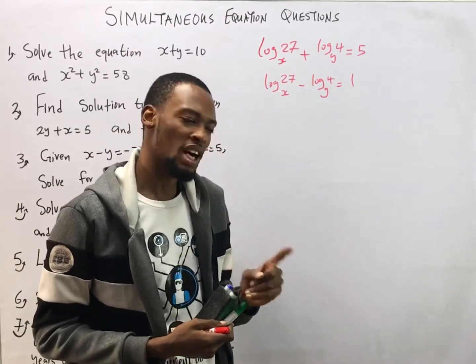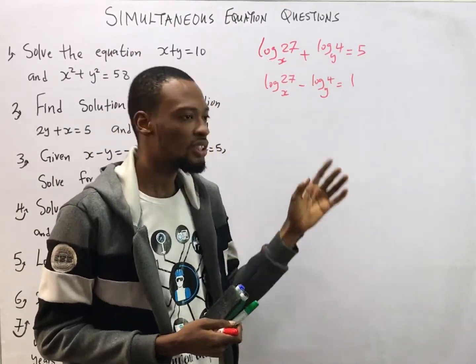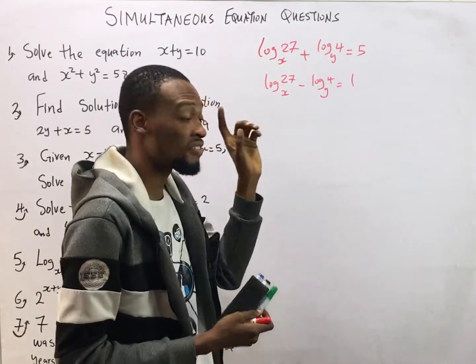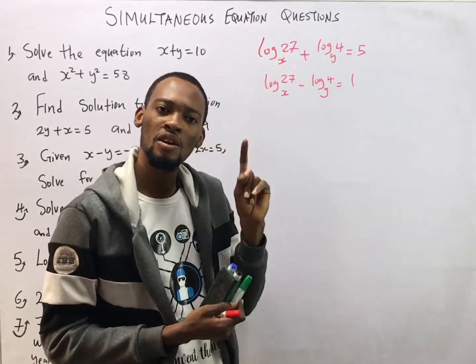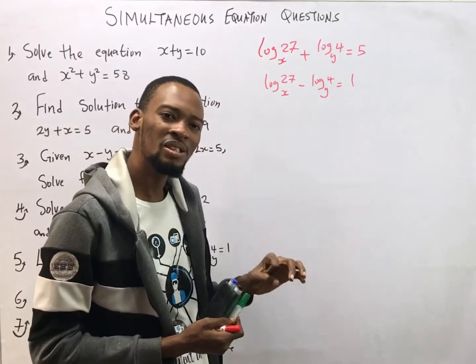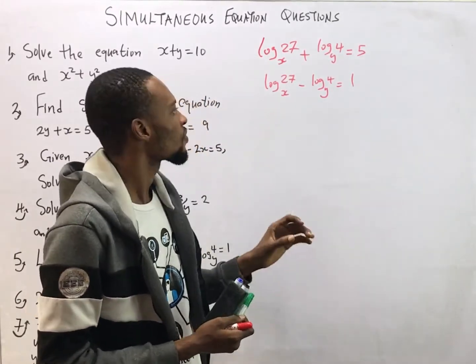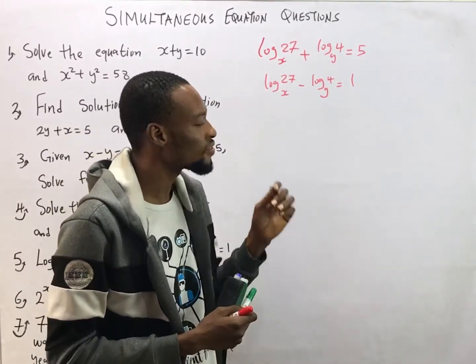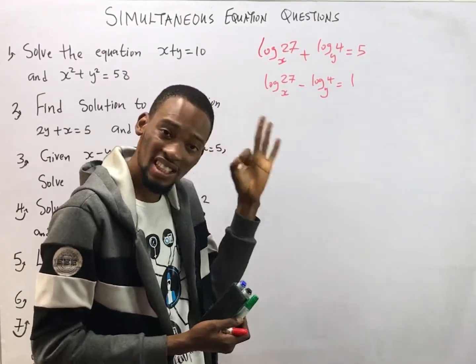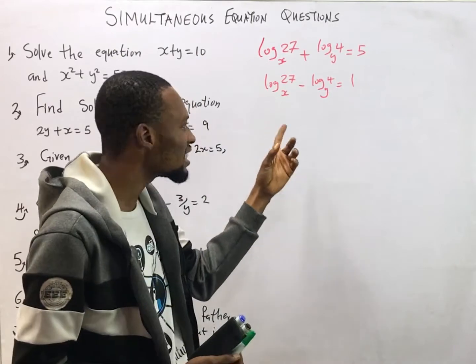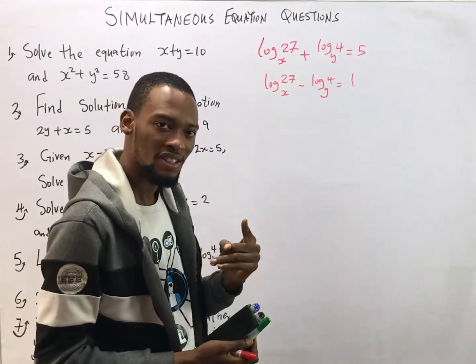I've covered logarithm, and I'll share the link below. It requires the knowledge of indices. I've covered indices, the laws of indices, and operations of indices. I'll share the link below. Then it requires the knowledge of simultaneous equations, which I've also shared the link to. So you need to know all these things to be able to solve these questions.